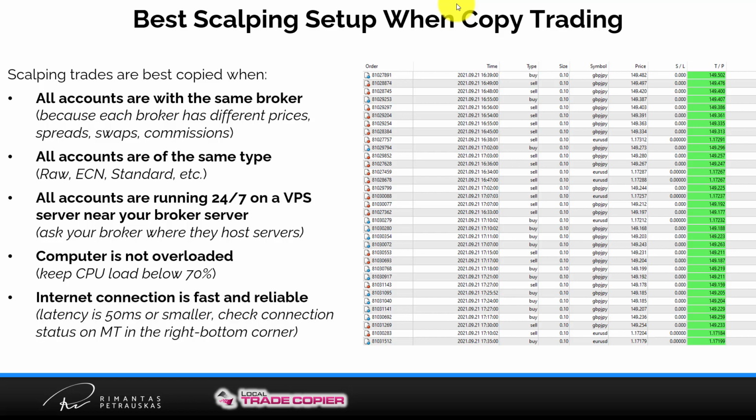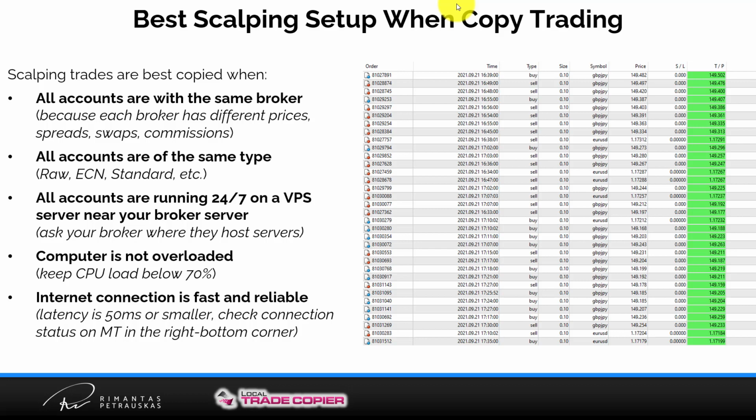And the last thing is to have an internet connection as fast and as reliable as possible. Usually if you get a VPS server, that happens kind of instantly, because all the VPS servers are hosted in specially designed server rooms. Of course, not all the VPS servers are equal.